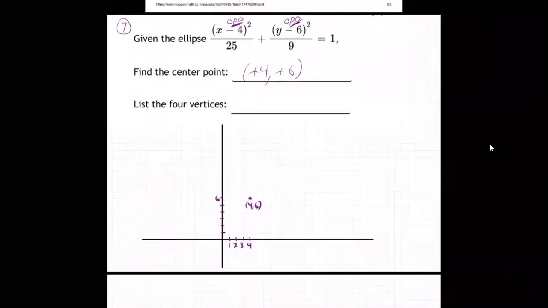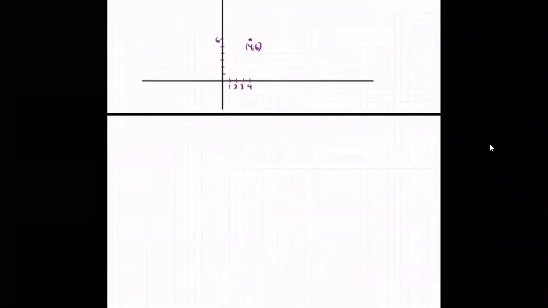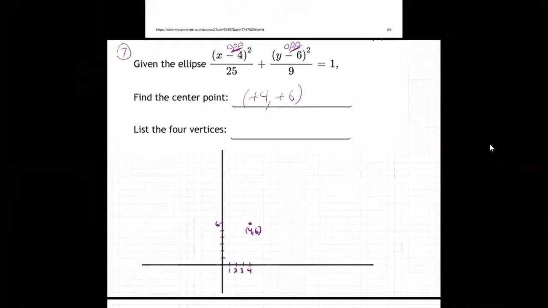So now we don't have to graph this one, but I'm just doing this to help us find the four vertices. How are we going to find the four vertices? Well, whatever's underneath X or Y, you square root that number. So square root of 25 is 5, and that's underneath X. So that means it's right and left. X is always right and left. So X is right and left 5 from the center.